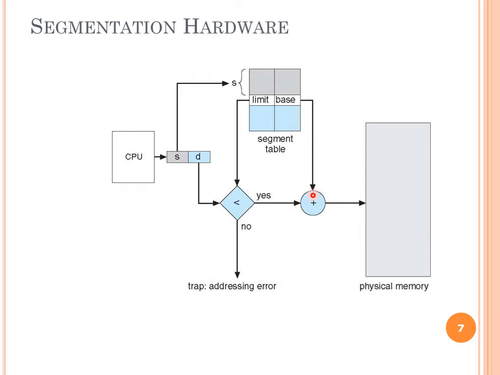Then this is added with the base value to get the actual physical address. If the offset is greater than the limit, then it indicates that the segment's starting address is not mapped to that process. So it sends an addressing error message to the operating system. Otherwise it finds the physical address and it is mapped into the actual physical memory.